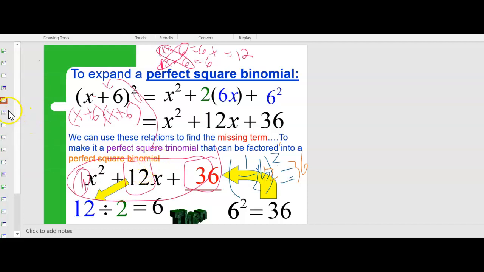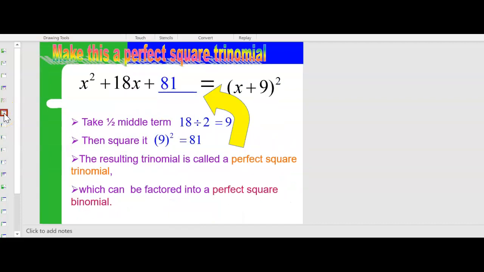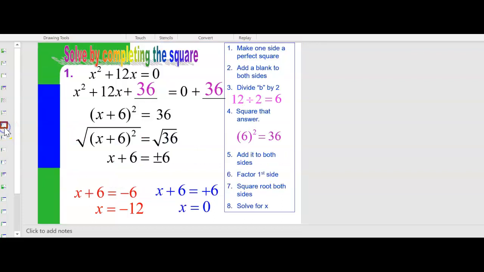Okay, so now let's look at a real example. Okay. So here you have an equation, it asks you to solve it, right? So x squared plus 12x equals 0. So how are you going to solve it?